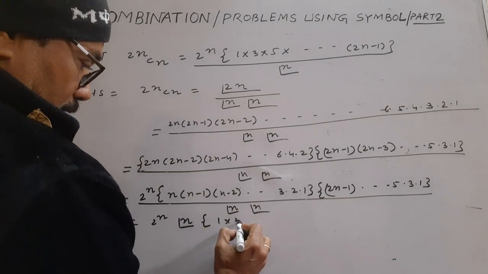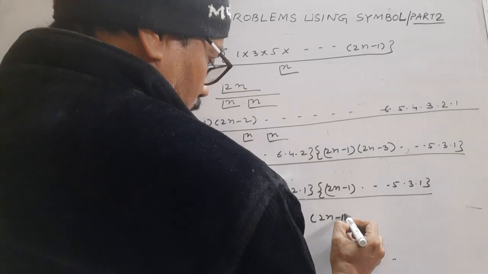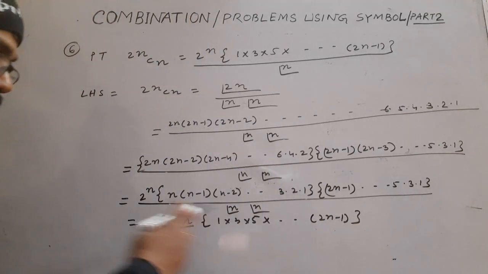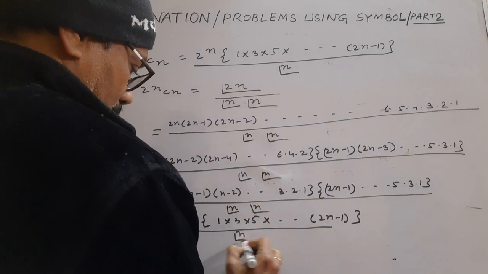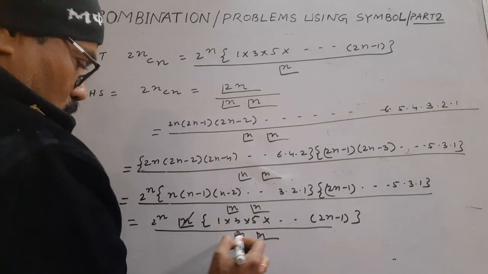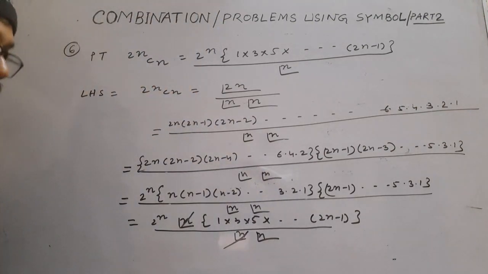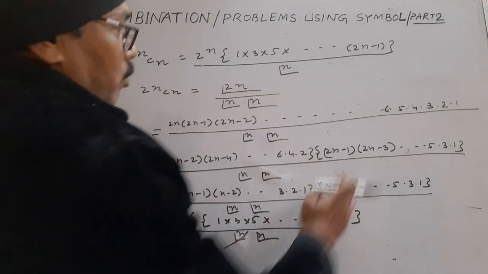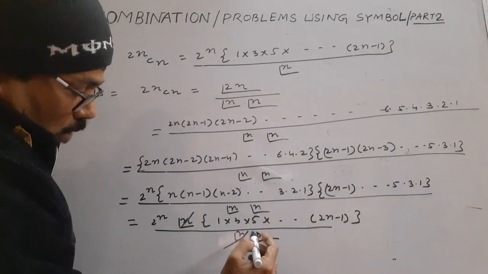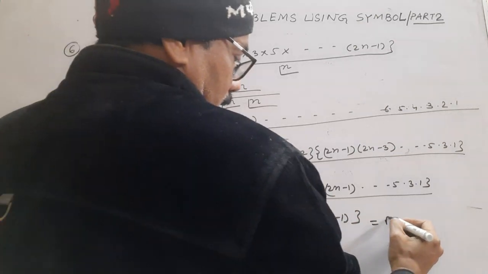We can also write it in reverse form, since the product is commutative, so you can interchange the positions. So one factorial n cancels out. So what are we getting? We are getting this final result: 2 to the power n, into 1, 3, 5 up to 2n minus 1, and one factorial n remaining. So this is our right hand side.